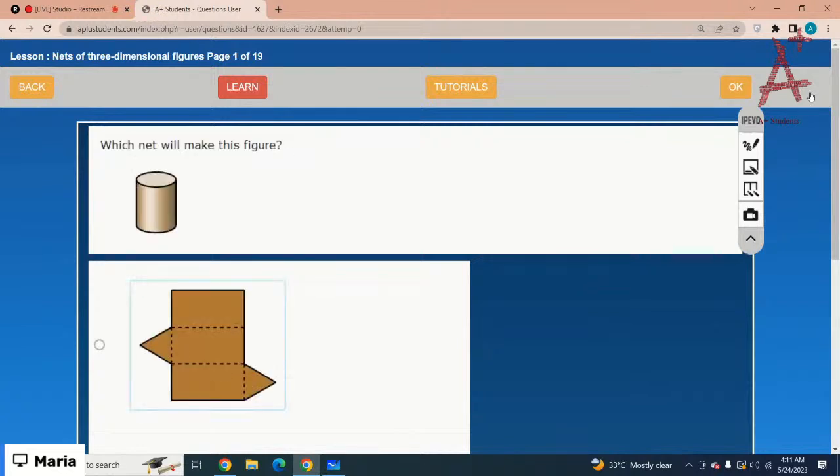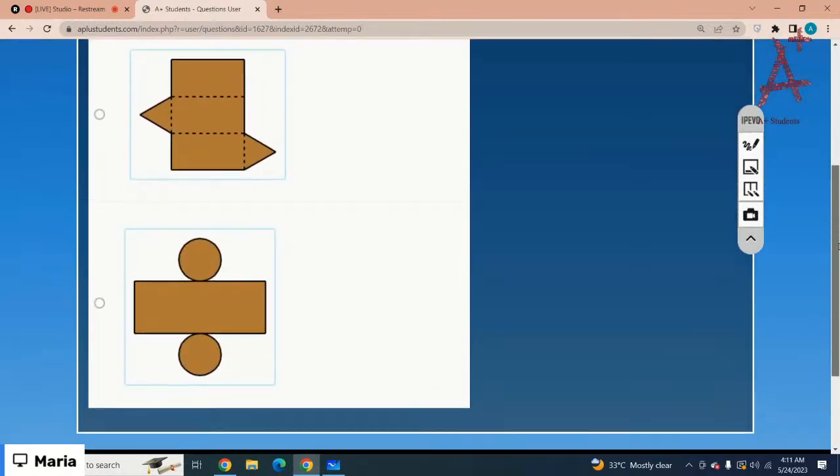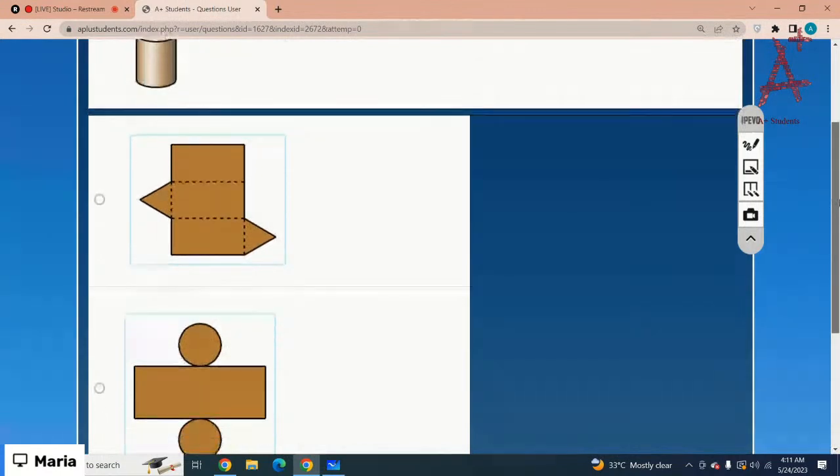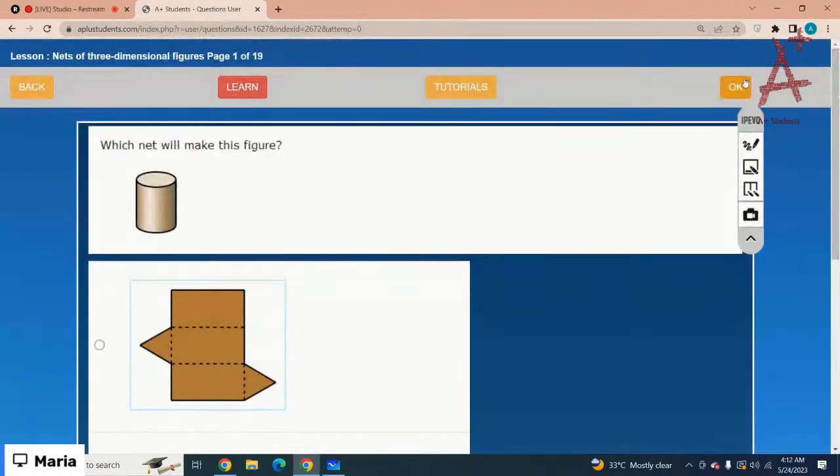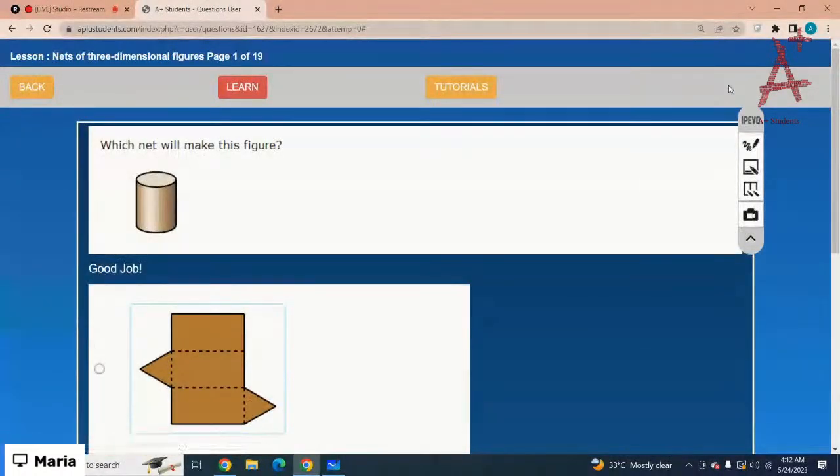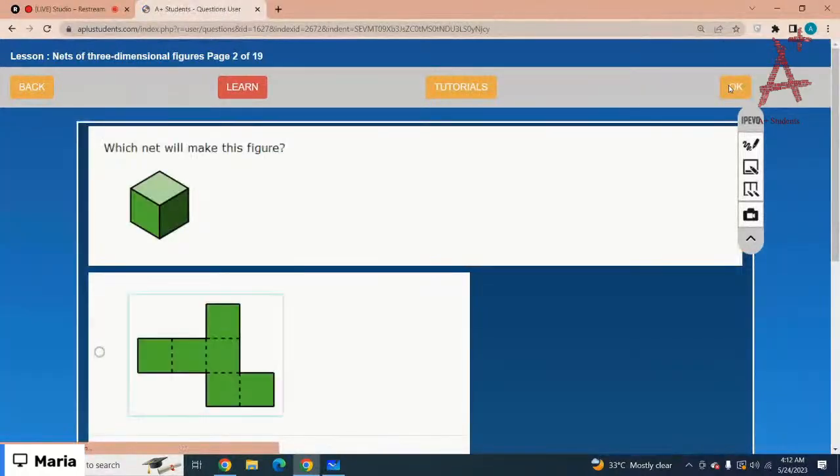Okay, which net will make this figure? So which is the correct option, one or two? That is a cylindrical shape. So yes, that second one, because it has the circular base. So it would be a second one.